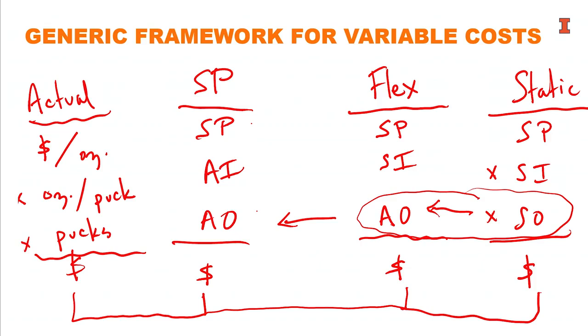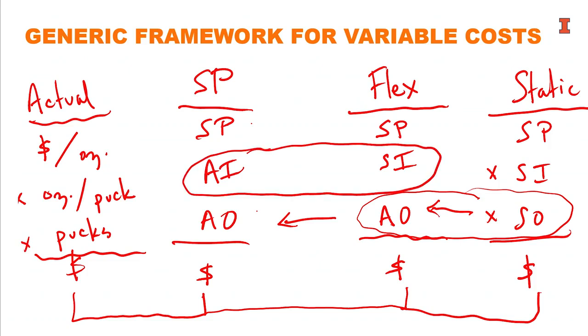The difference between the flexible budget column and the static budget column comes down to the difference between actual output and standard output. The difference between the two middle columns is focused on the difference between the actual and standard input per output. And the difference between the first two columns is the difference between the actual price paid for each of our inputs and the standard price that we had expected to pay.